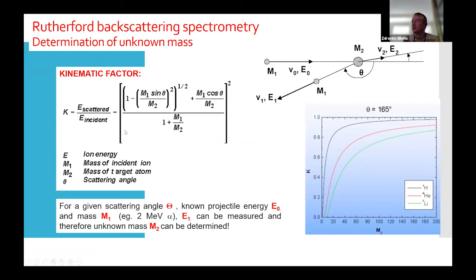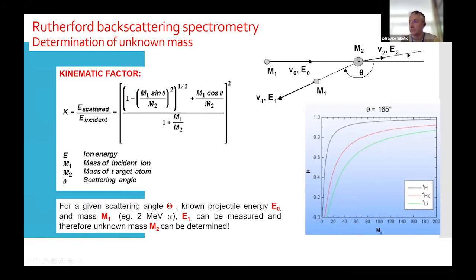So if you know the masses of the incoming particle and the particle at rest, and the scattering angle, you can easily calculate the scattering energy of this primary particle. But in Rutherford backscattering, what we are detecting is the energy of the backscattered particles.